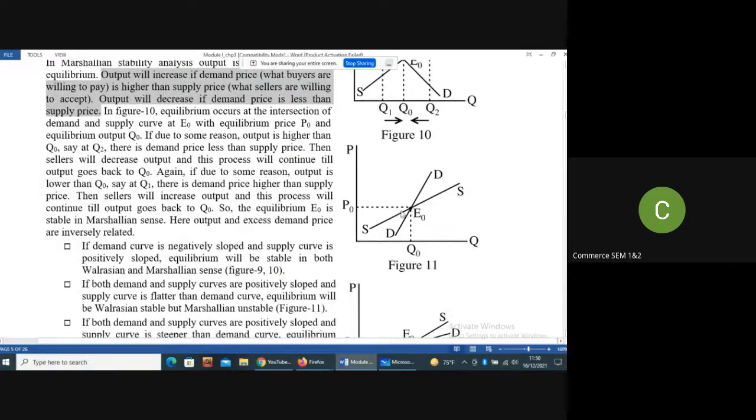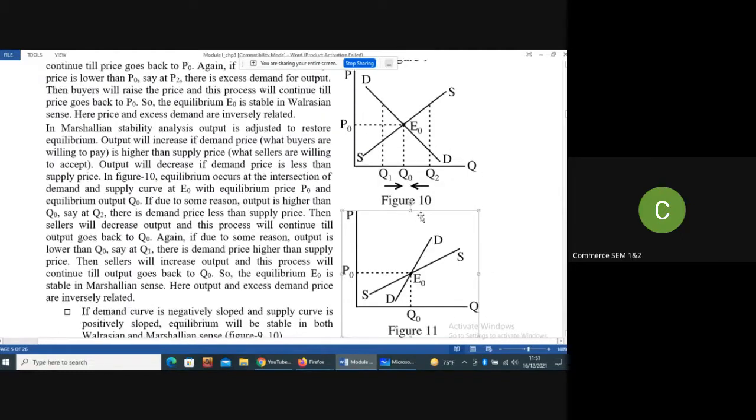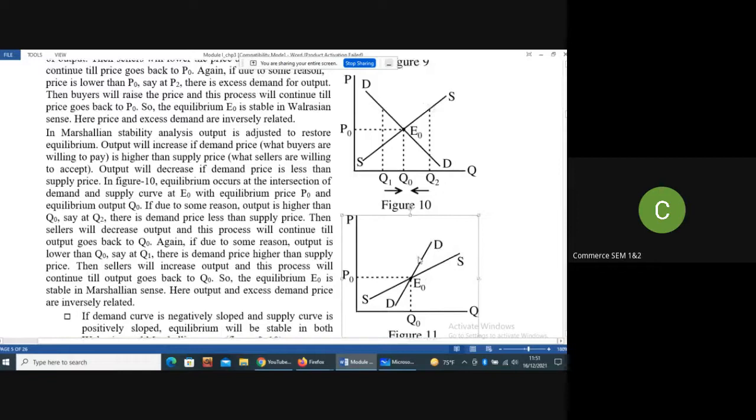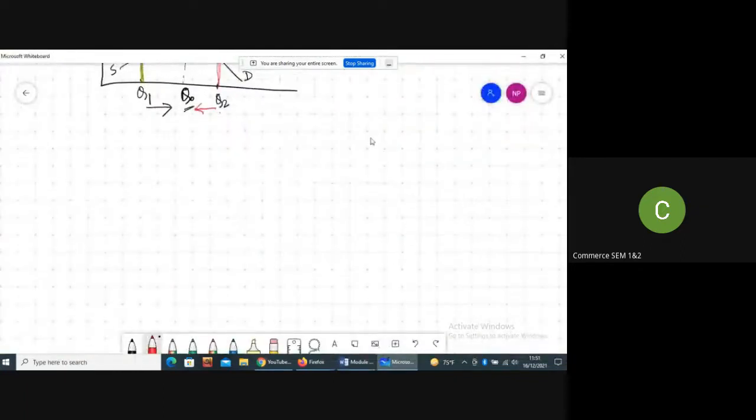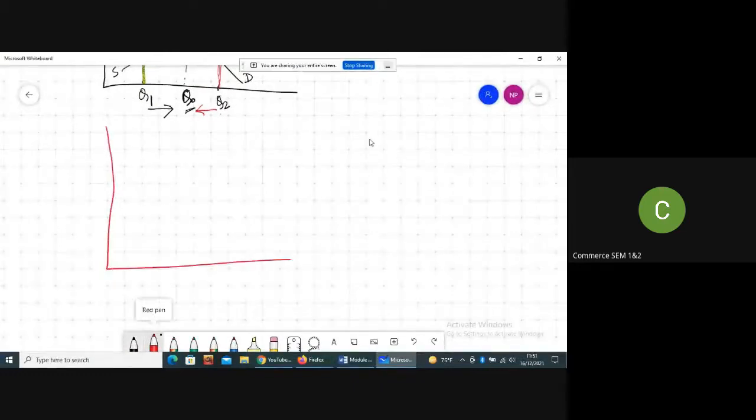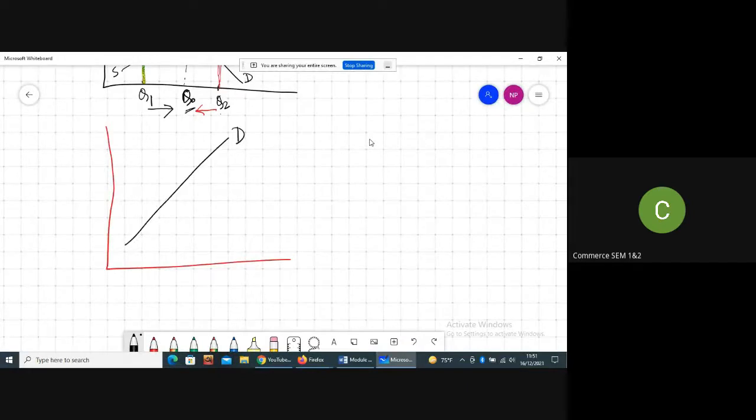So I'm drawing this. If the demand curve and the supply curve are both upward rising like this and the demand curve is steeper than the supply curve, then what will happen? This is the demand curve and this is the supply curve.